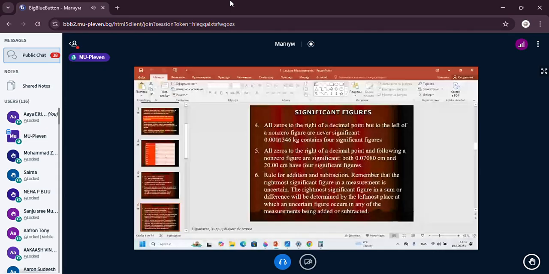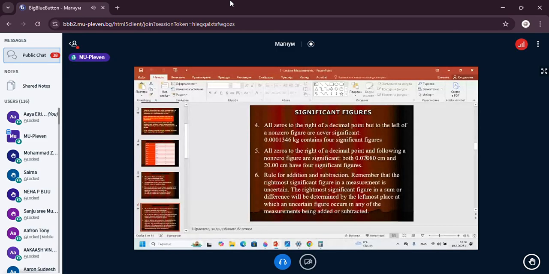Then number 5, zeros to the right of the decimal point but following a non-zero figure are significant. So this 0 is not significant according to the previous rule. This is significant according to the second or third rule. And this also according to rule 5. So we've got 4 significant digits.